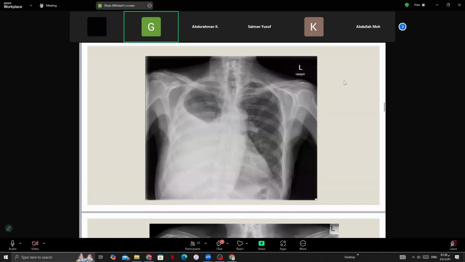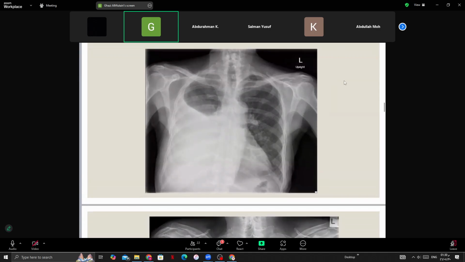What about this X-ray? ايش رايكم؟ Is it normal, abnormal؟ ايش رايكم يا شباب؟ Pleural effusion في الرايت lung.